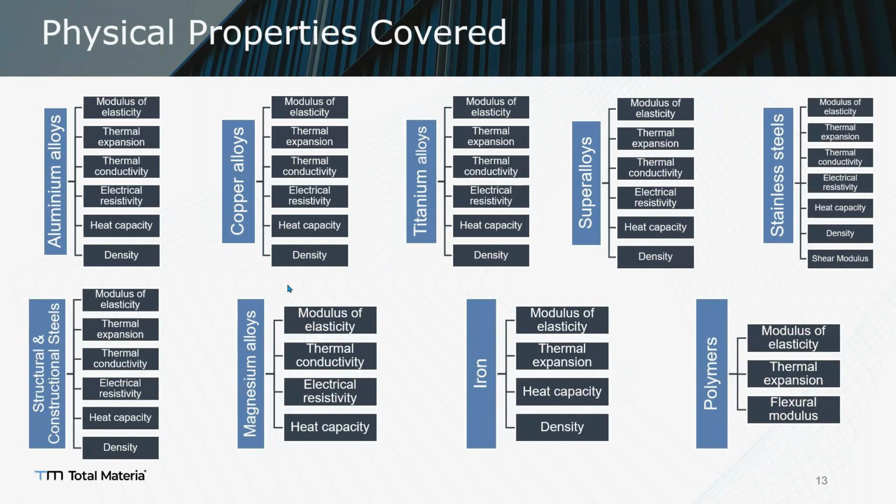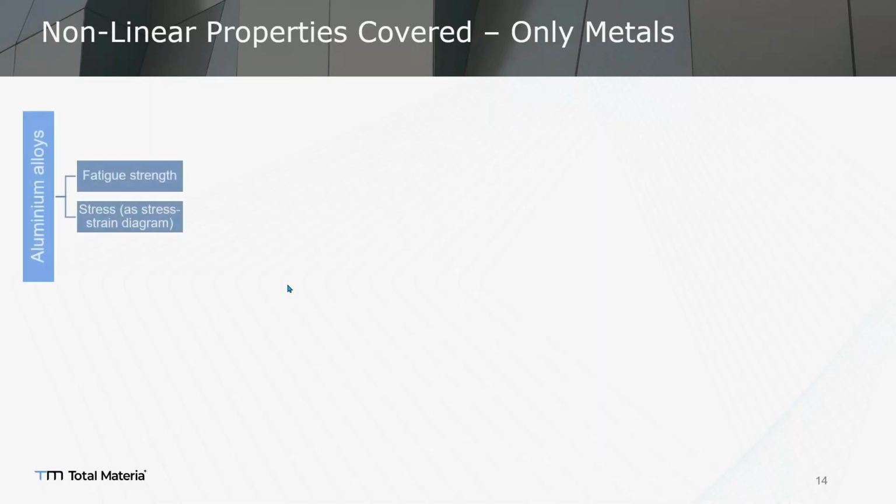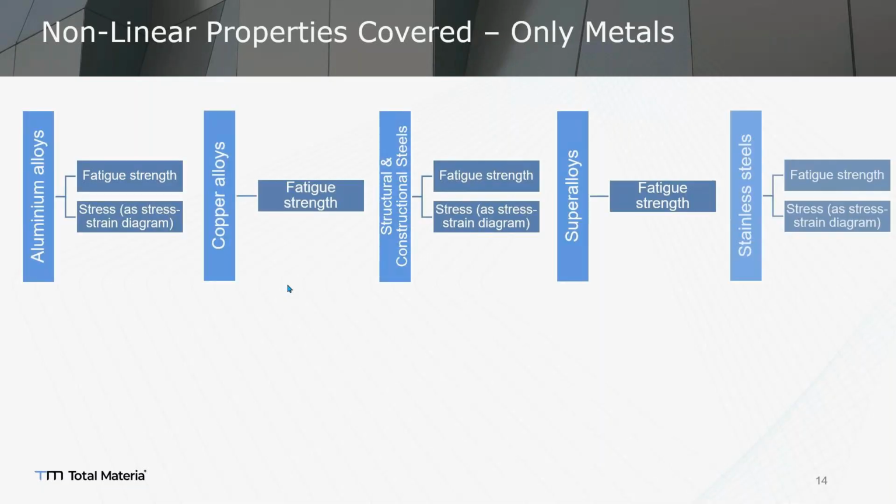And the types of physical properties you'll see: modulus of elasticity, thermal expansion, thermal conductivity, electrical resistivity for some materials, density, and heat capacity data as well. And again, all this data is taken from Horizon. And finally, our nonlinear properties. Unfortunately, we only cover that for metals. And some material groups cover both fatigue strength data and stress strain curves, but some only cover fatigue strength.